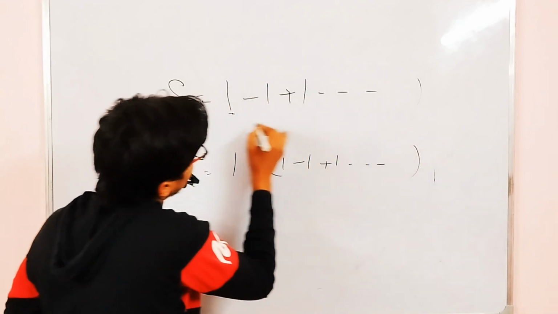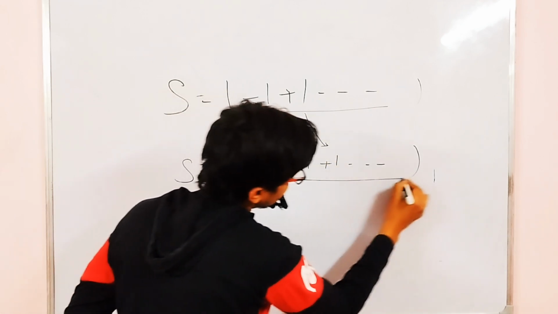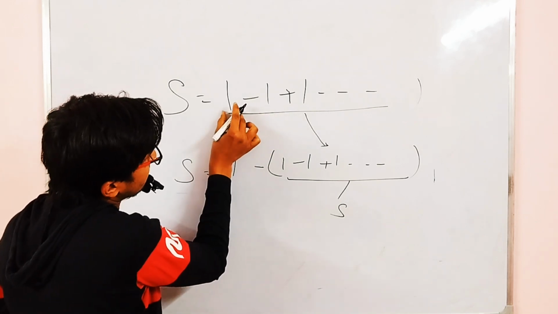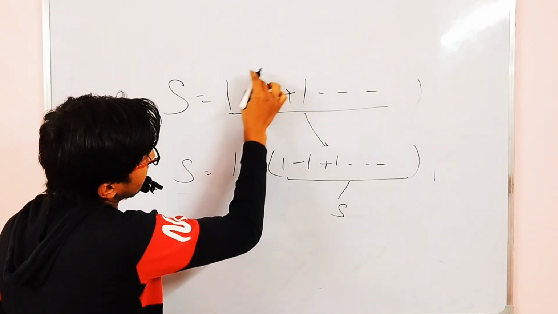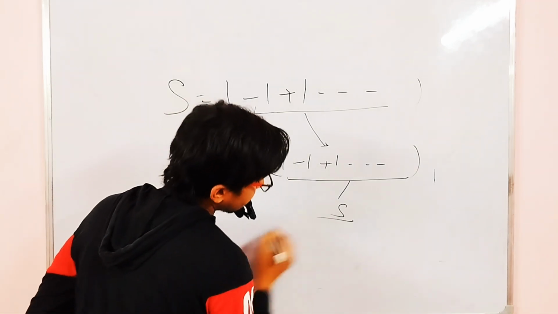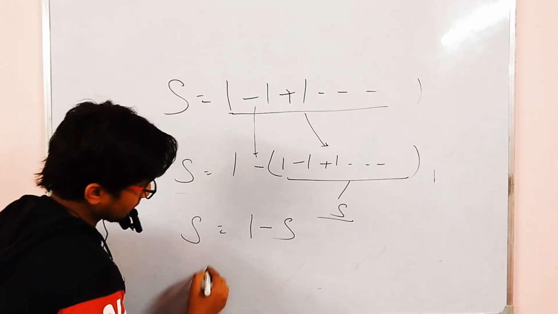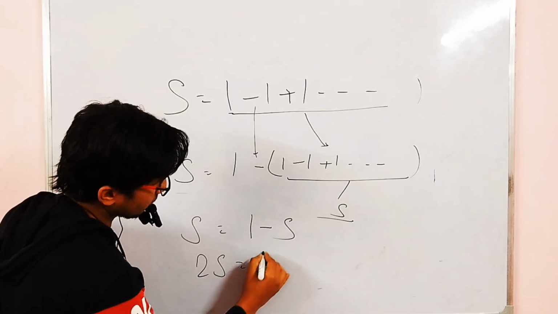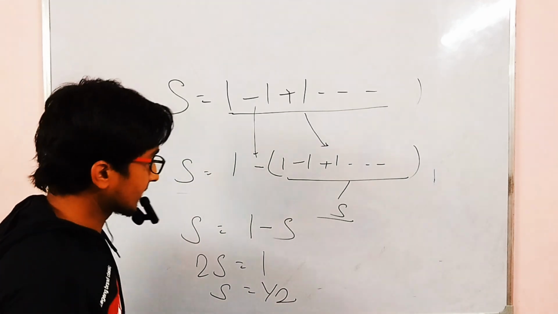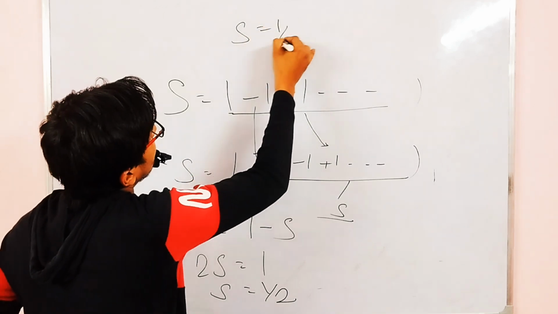We can observe that the bracketed series is again S. So S is equal to 1 minus S, so 2S is equal to 1 and S is equal to 1 upon 2. So we get the value of the Grandi series: S comes out as 1 upon 2.